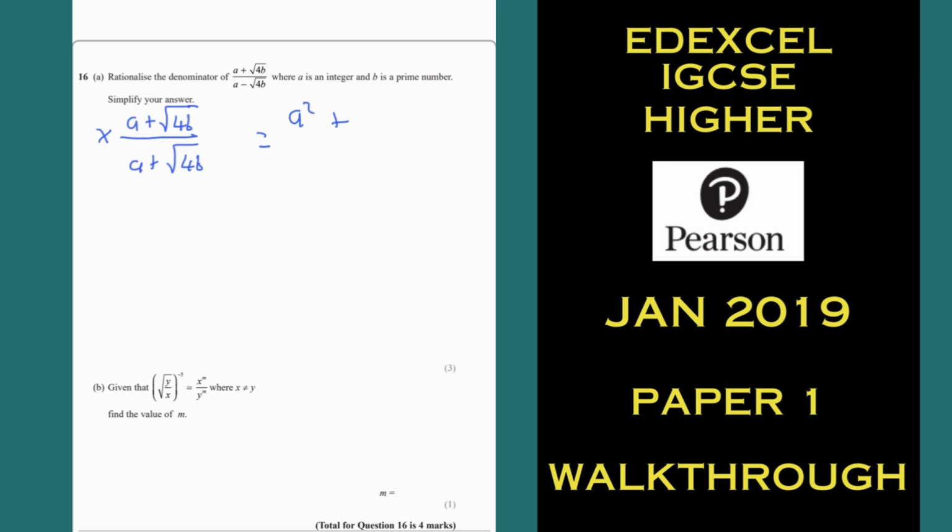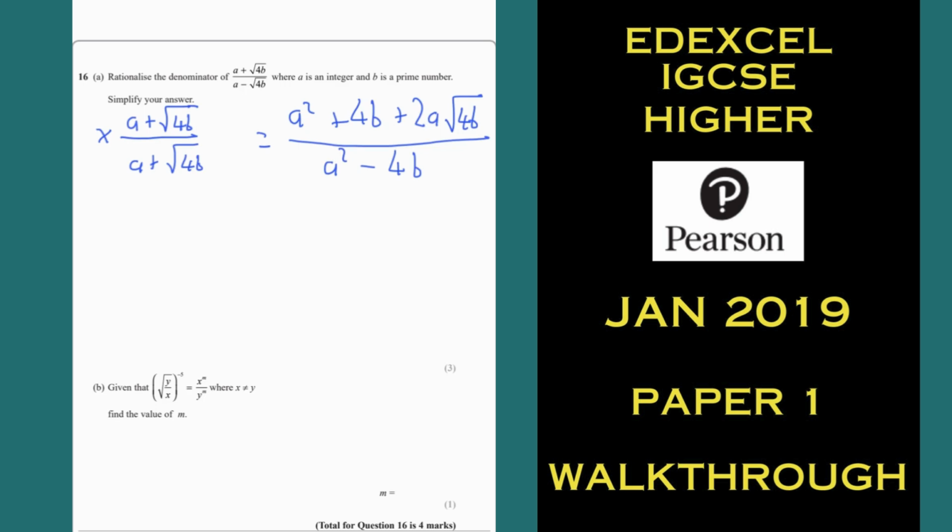Root 4b times root 4b is 4b. And then we'll get a times root 4b plus a times root 4b. In other words, we'll get 2 lots of a root 4b all over. You only need to do a times a, and it'll be minus root 4b root 4b.